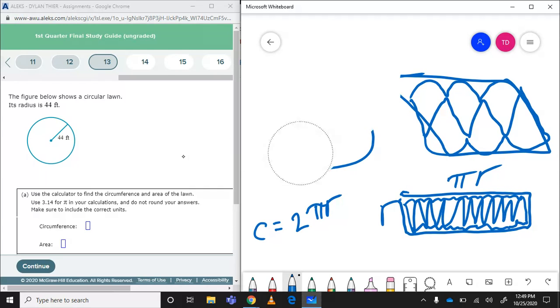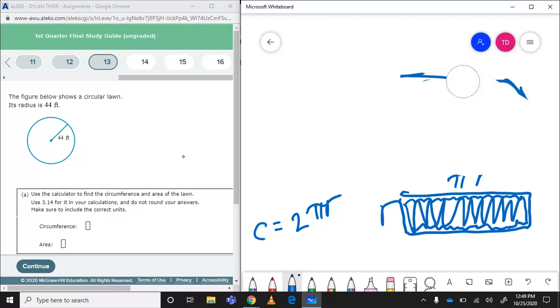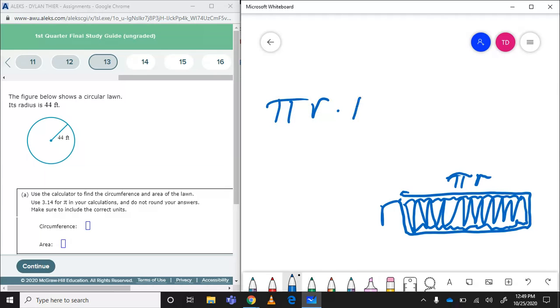So if we're looking for the area of that circle, we rearrange our circle into what looks quite a lot like a rectangle, and we find the area of that rectangle. Well, pi r times r just becomes pi r squared, and that is the area of a circle.